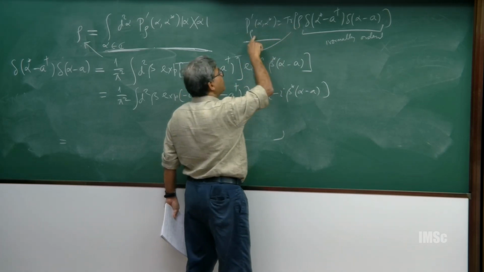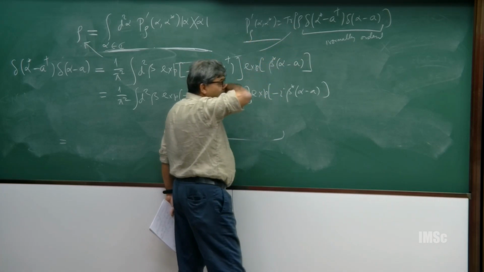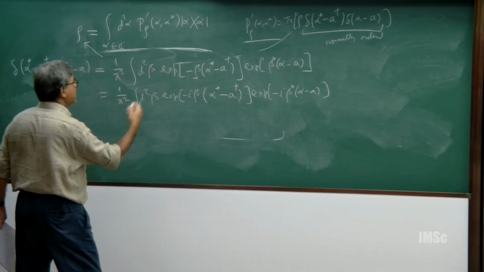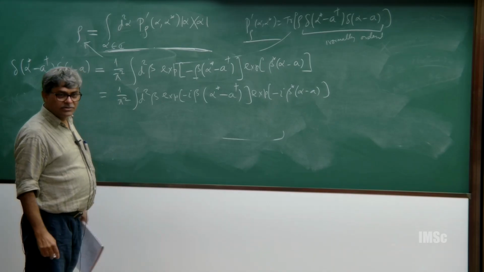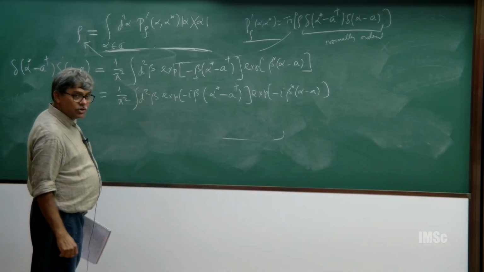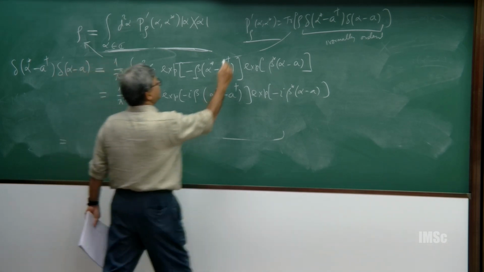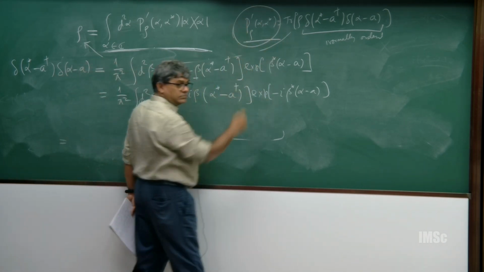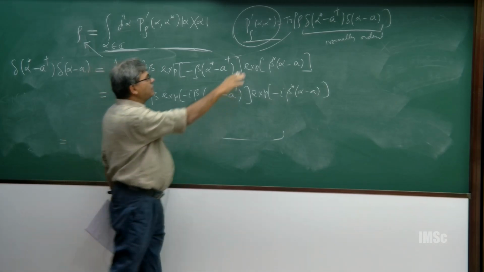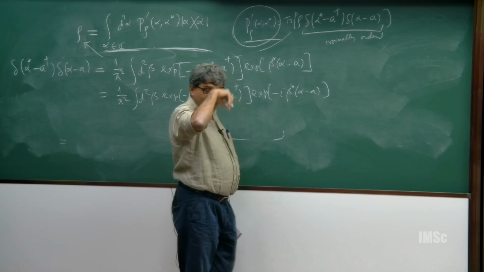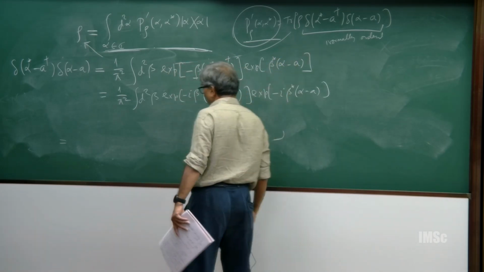Given rho, you can find the P function through this, although this is not a well behaved operator. So we will have to look for some alternative way to calculate things. Okay. This definition is fine. So the question is, given rho, how to calculate this thing? This is of course the definition, but as I said, this is not a well behaved operator. So calculating this is not easy.